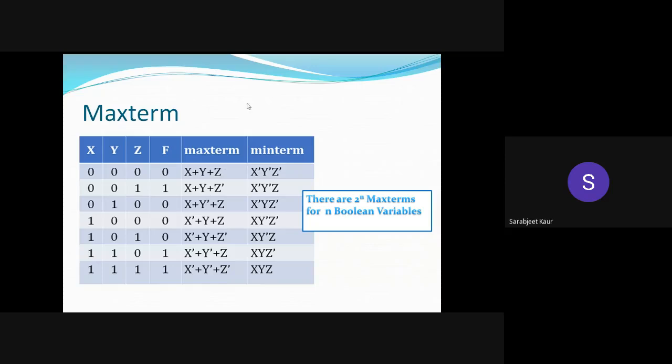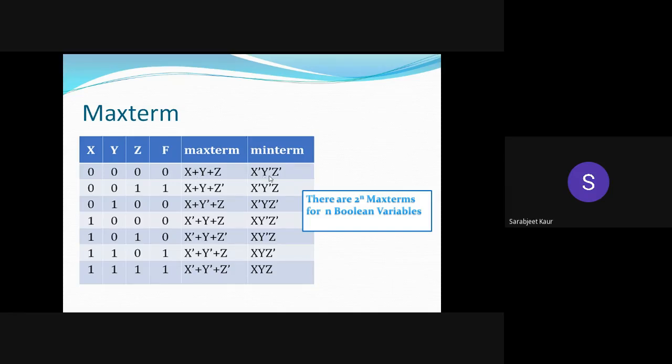So if we apply De Morgan's law to this, will we get this? What did De Morgan's law say? It said replace each literal, meaning each variable, with its complement. And so x, y, z are replaced by their complements and replace OR by AND.